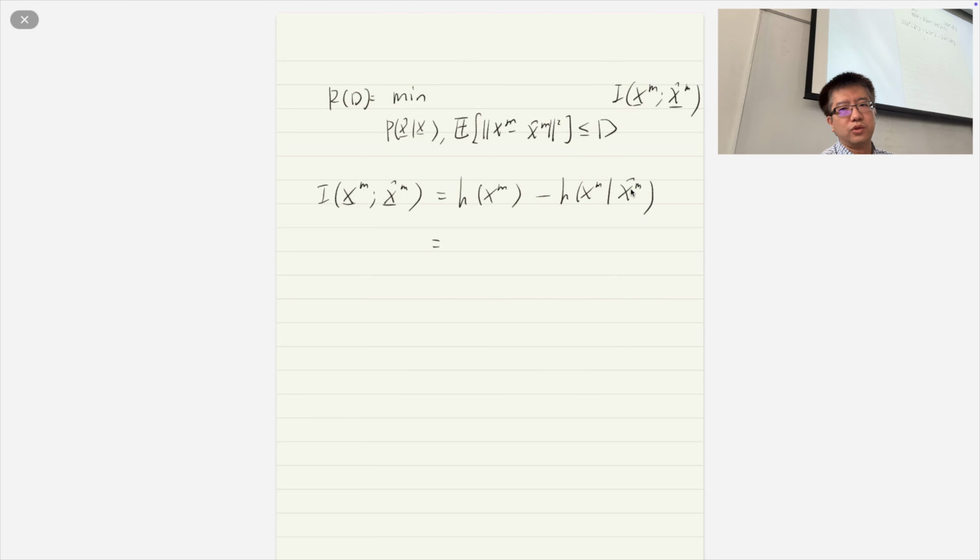Before it was easy, since we just had a scalar, so we could remove this and get a lower bound. But here it's a vector, so we cannot do that directly.